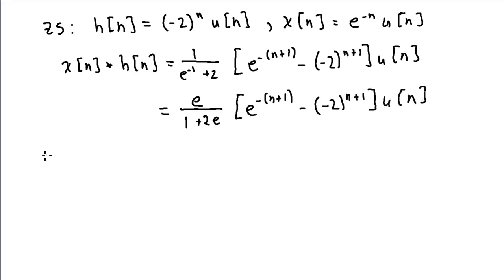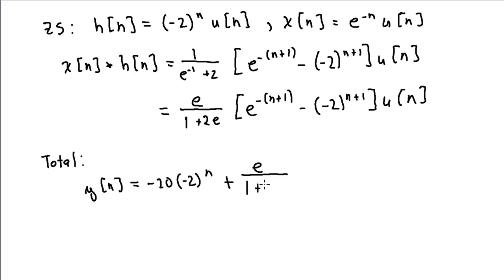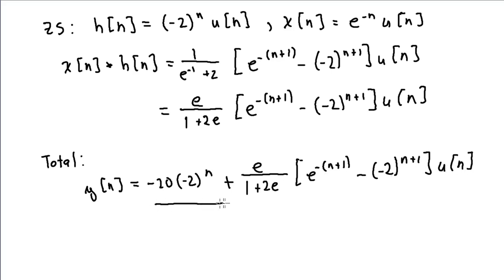And then finally, the total response is the sum of the zero input response from the previous board, minus 20 times minus 2 to the n, plus e over 1 plus 2e times e to the minus n plus 1 minus 2 to the n plus 1, times u of n, as our total closed form solution to this particular problem.